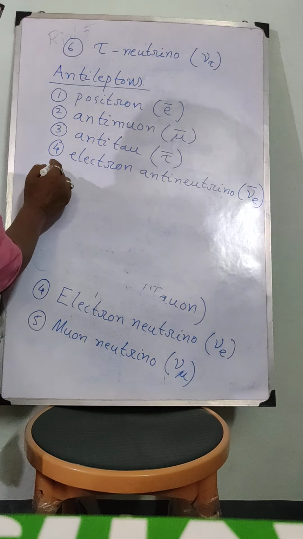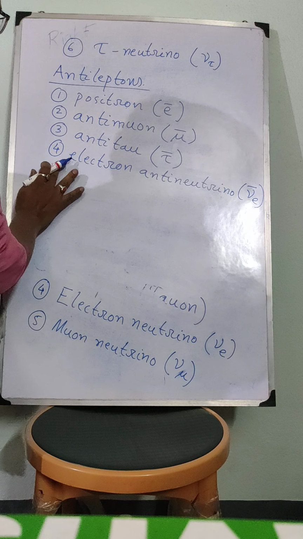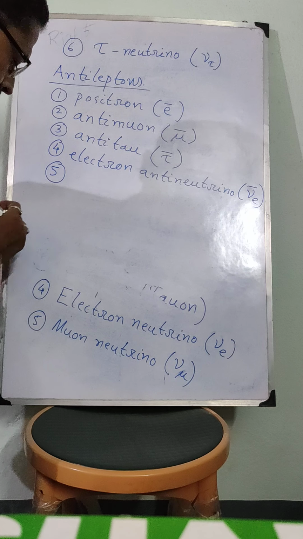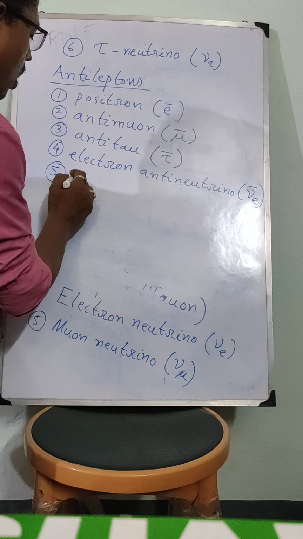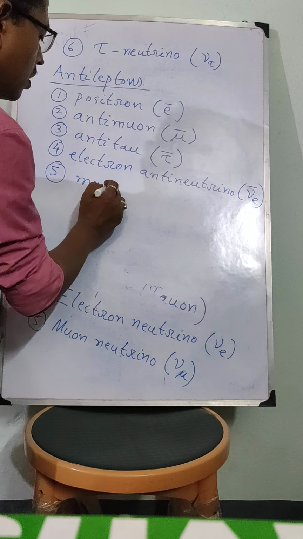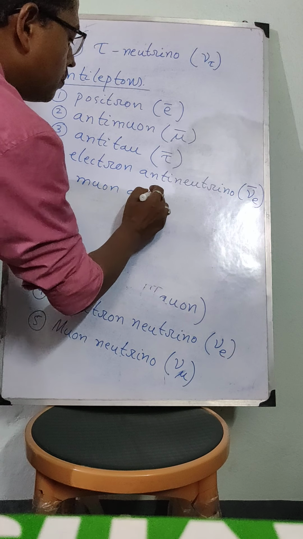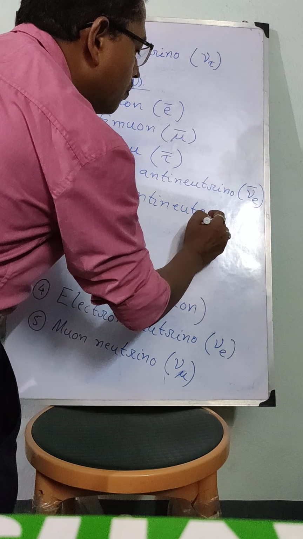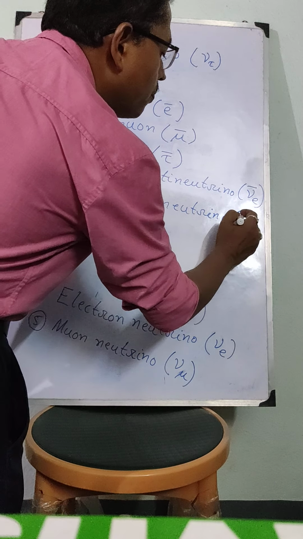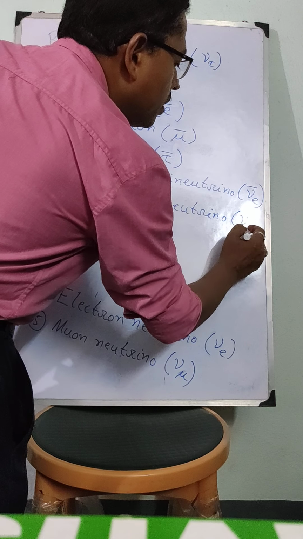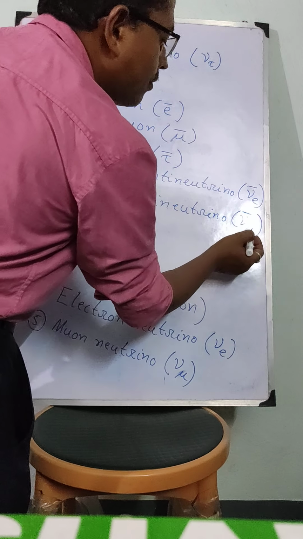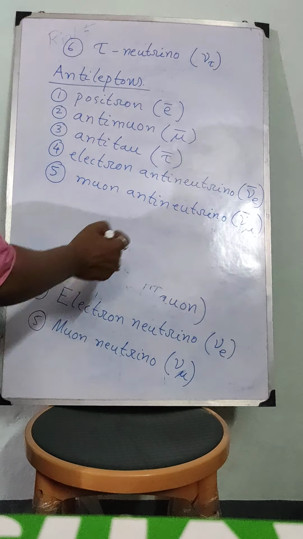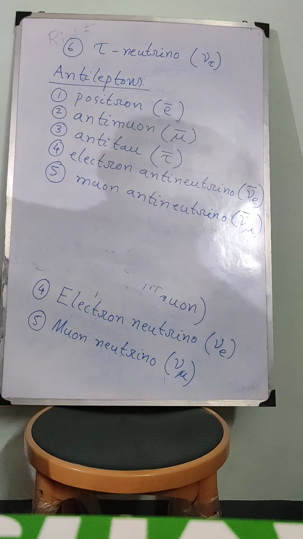So fifth, we have muon antineutrino, nu with suffix mu, and we have to put a bar over this symbol.